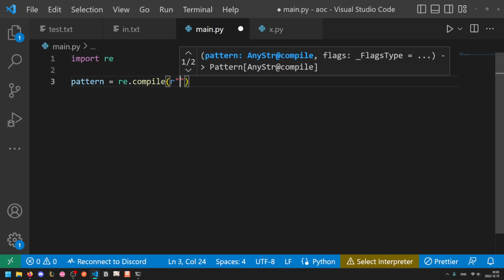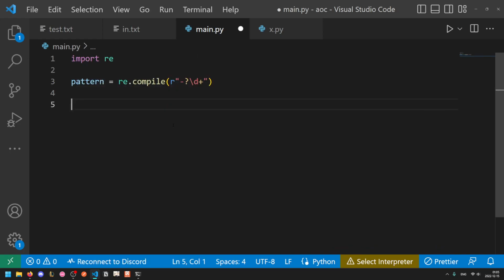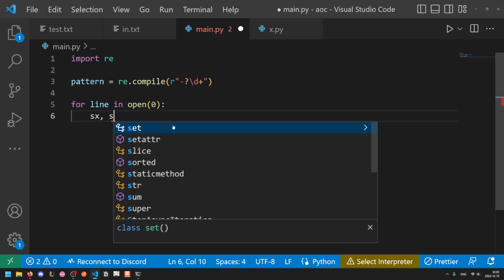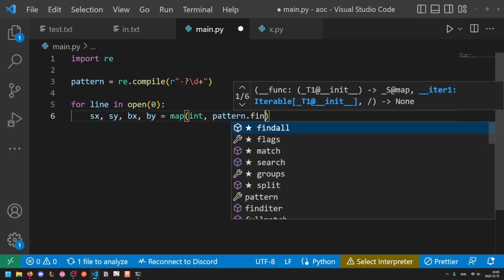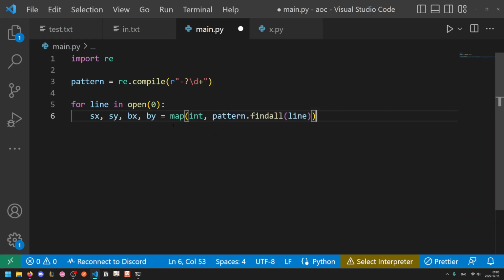And the pattern is just going to be an optional minus sign followed by a sequence of digits. So now we can just do: for line in open(0), sensor x, sensor y, beacon x, beacon y is equal to map int over pattern.findall within the line. So this will find all integers within the line and parse them into numbers.